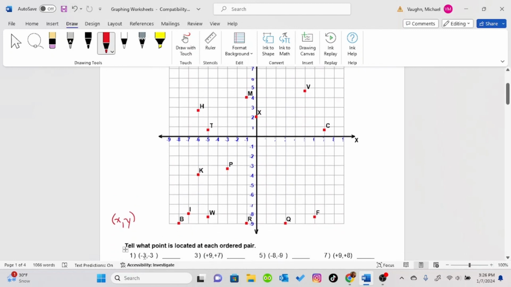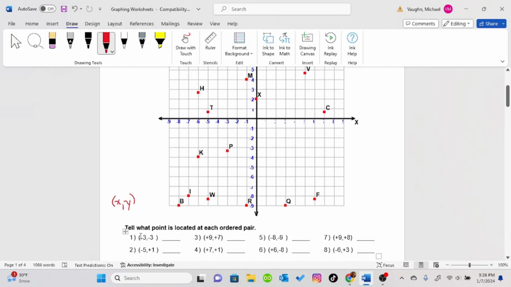So, for point 1, we are given -3, -3. That means you go left to -3 and down to -3, and point P is located at this point. Number 2, -5, +1.